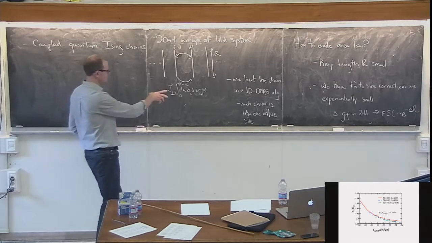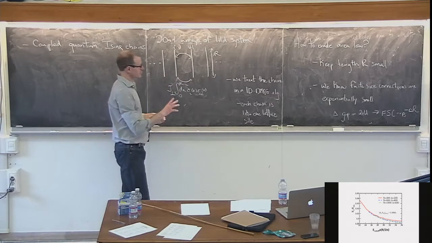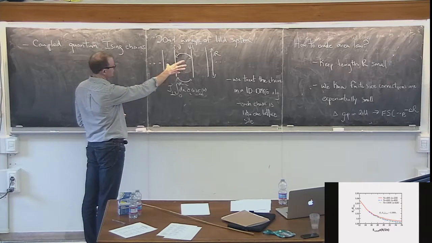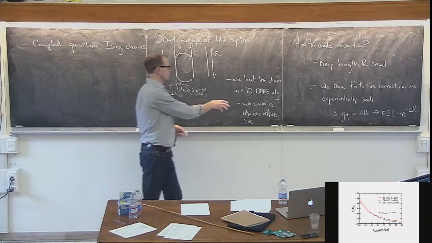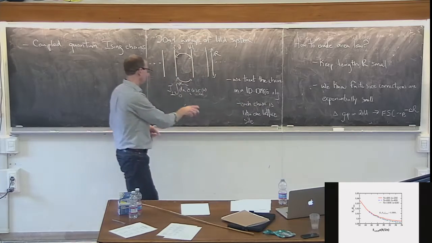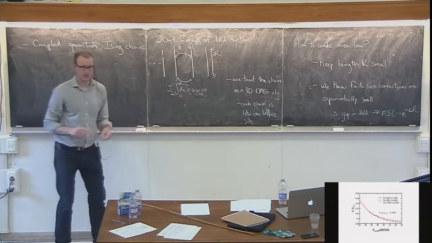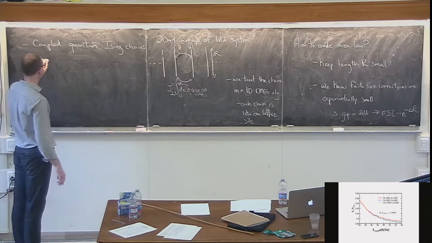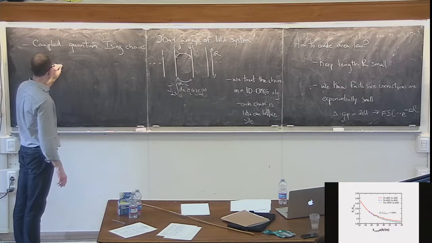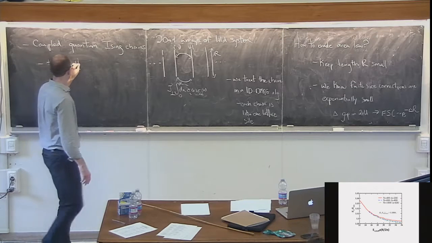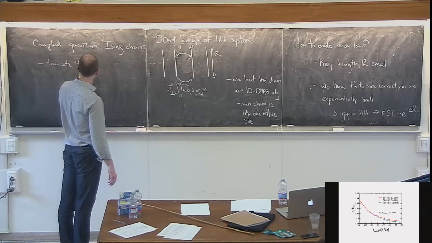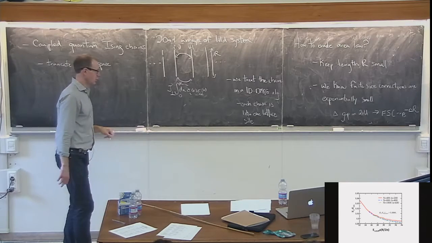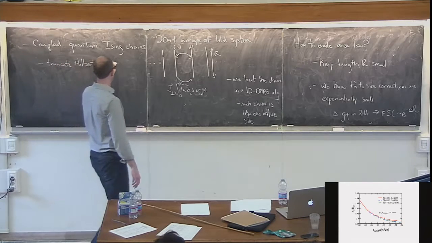Now, of course, the other thing we have to do is, if we're going to treat this array of chains using a one-dimensional DMRG algorithm, we have to make the physical dimension of each site finite. So we have to truncate the Hilbert space of the 1D chain.